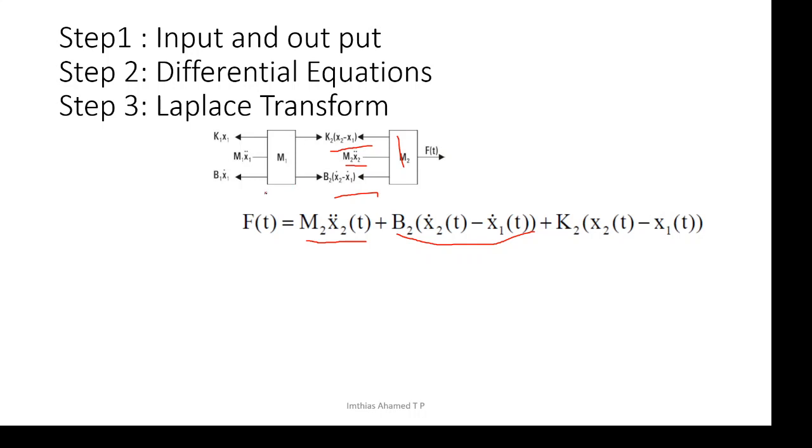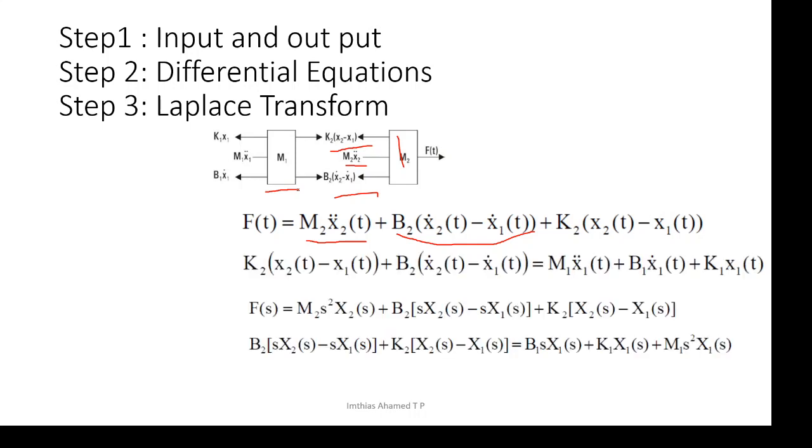Next, let us look at this mass. For mass m1, let us look at the equation. What is the equation? K2 into (x2 minus x1), plus these two forces are acting in this direction, b2 into (x2 dot minus x1 dot).